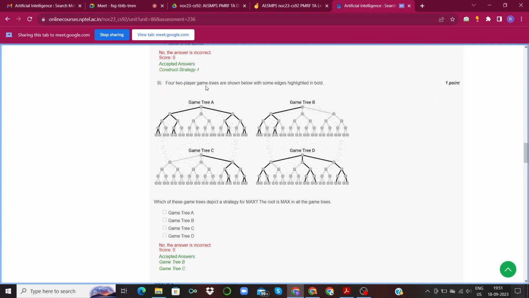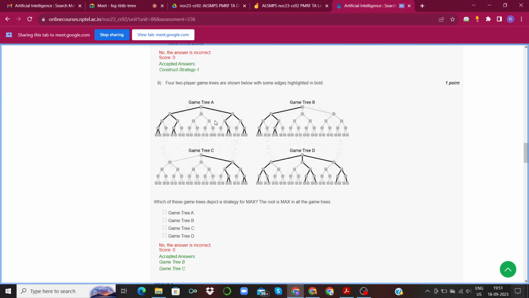For the two-player game tree, which of these could be a strategy for max? The strategy for max could be game tree B and C, right? You can straight away say that game tree A and D would not be right choices in this case because we are selecting multiple nodes from max. Remember that the SSS star method is the only one that goes the opposite way by choosing all children of max.